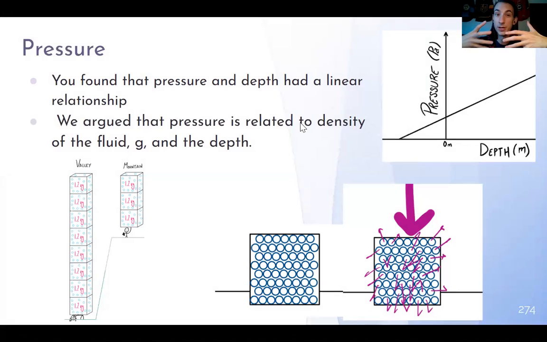So if we think about why we don't feel the pressure from the atmosphere traditionally, it's because there's air pushing on all of us, in all directions. So we have air pushing out in all directions, air pushing against air. There's also air inside of us that's causing this pressure.